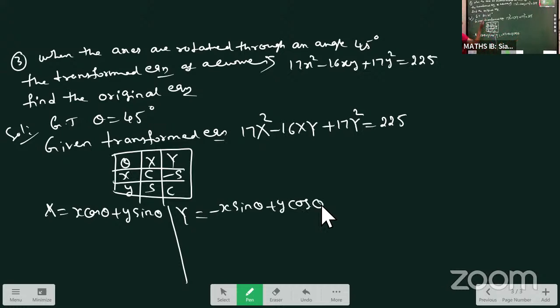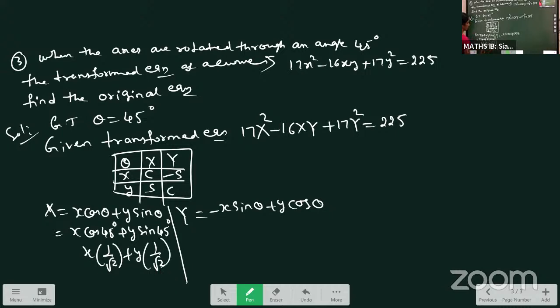But given that theta is equal to 45 degrees. So x into cos 45 degrees plus y into sin 45 degrees. X into cos 45 is 1 by root 2, y into sin 45 is 1 by root 2. So if you take the common denominator, x plus y by root 2, this is capital X value.